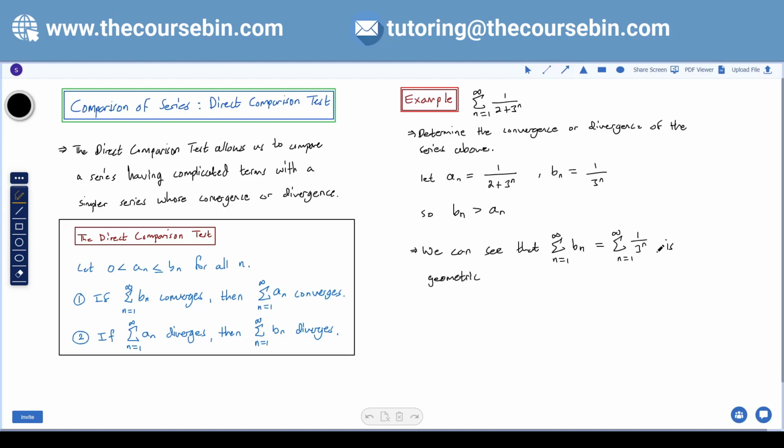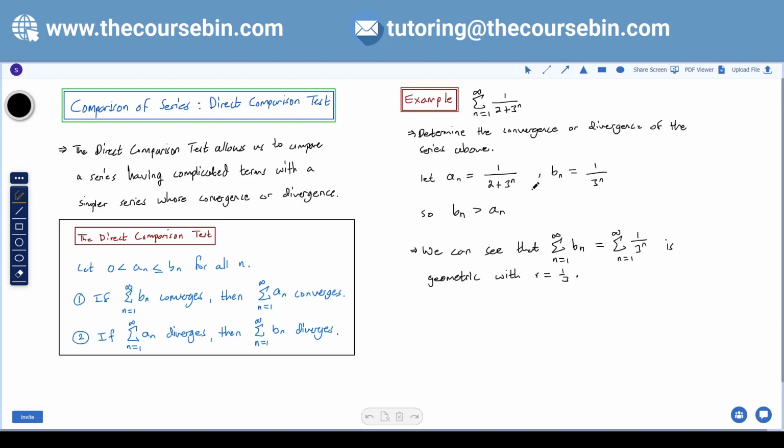And what's our common ratio for this one? I was thinking it's supposed to be 3, or not 3. Would it be n? No. It's a geometric series with r equals 1 over 3.